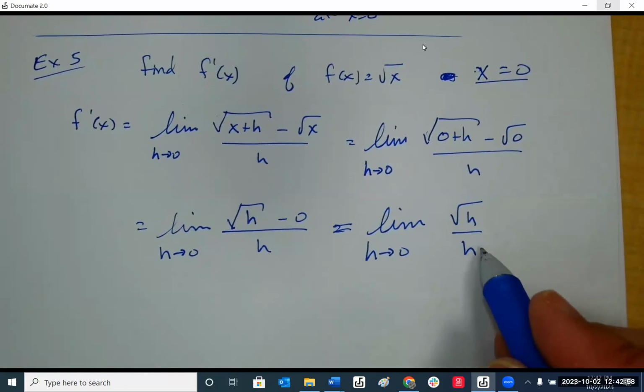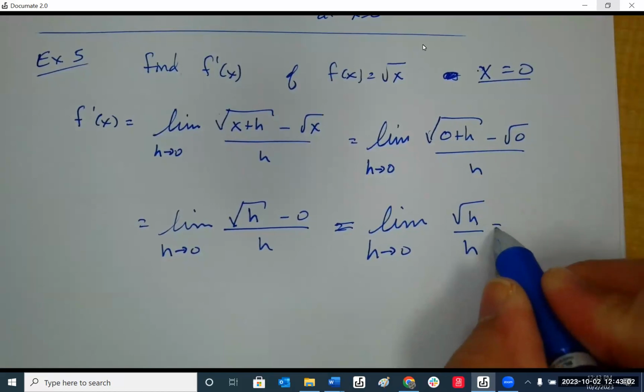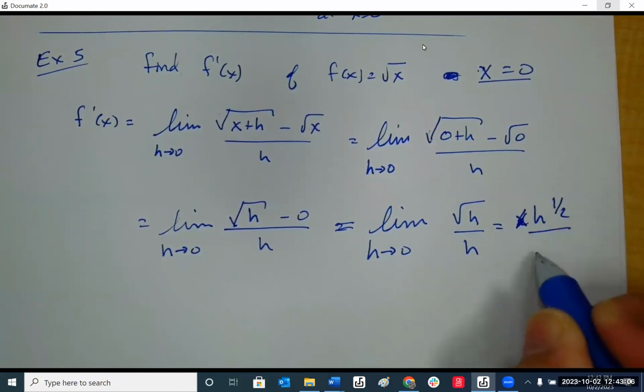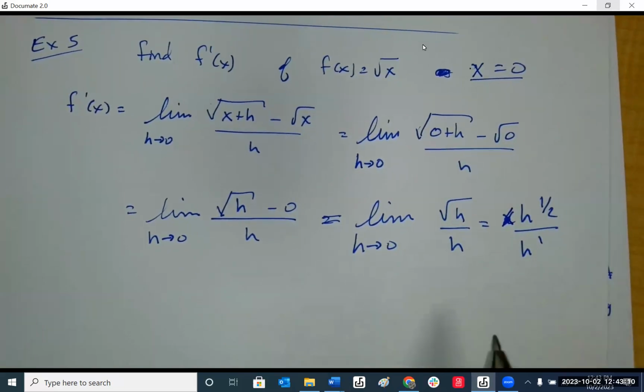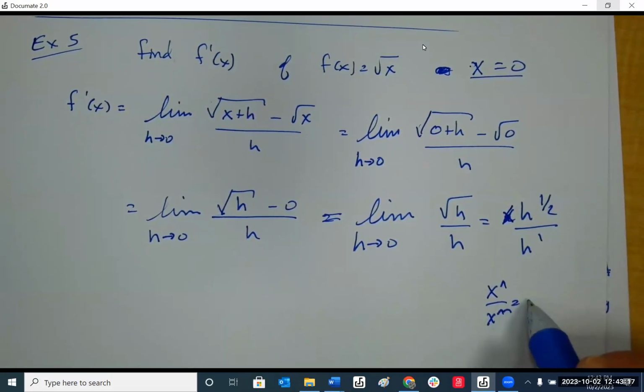Well, let's look at this. We can simplify this even further. This is equal to x or h to the power 1/2, over h to the power 1. Whenever you have the same bases on the top and bottom, you subtract the exponents.